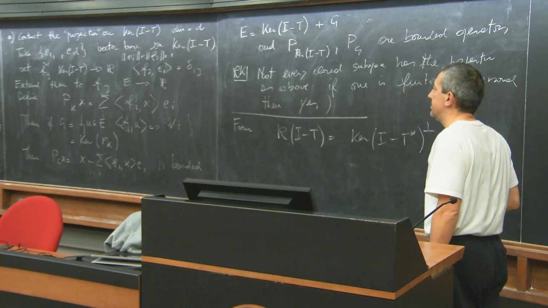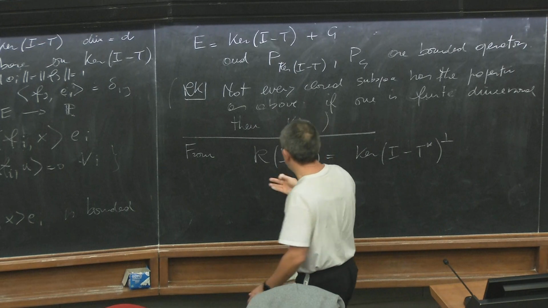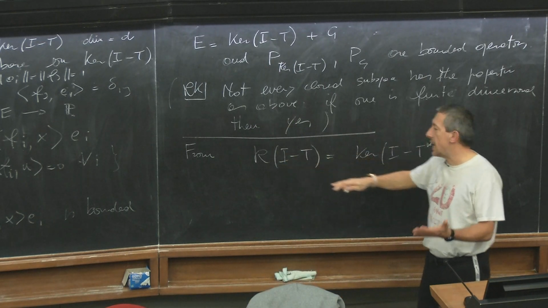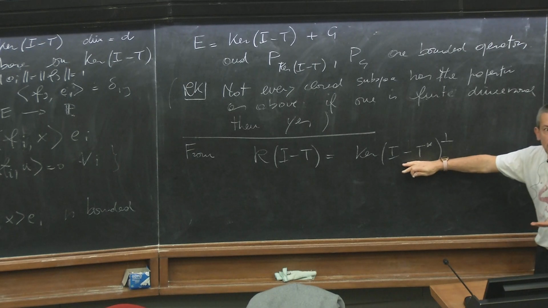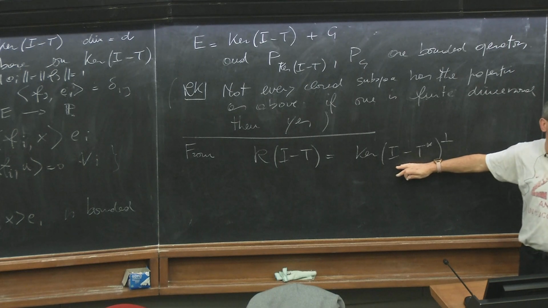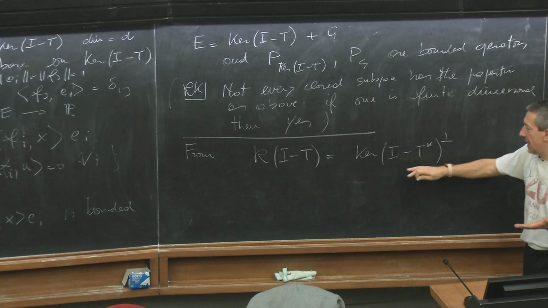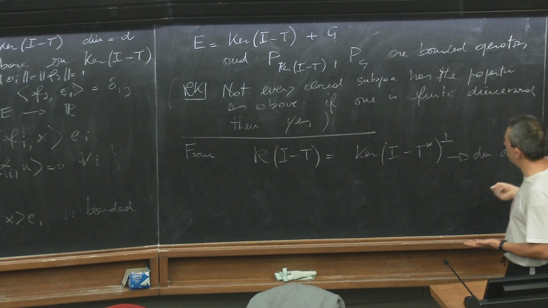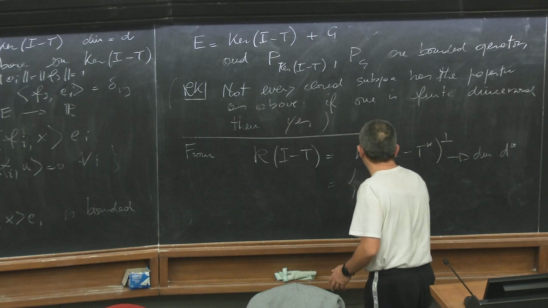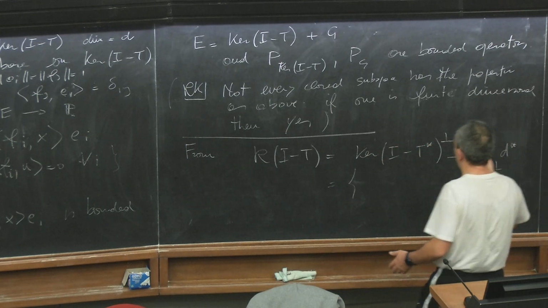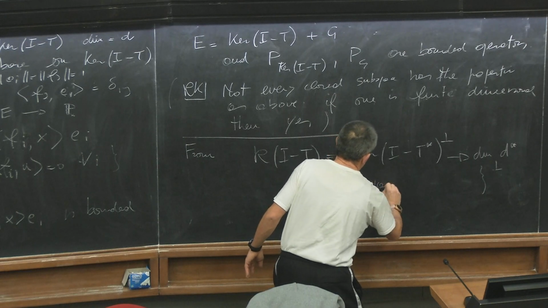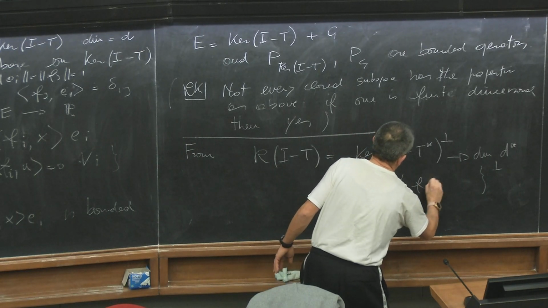What does this relation mean? It means that these points are characterized by being 0 on all the linear functionals in the kernel. And I know that this has dimension d star, so it is the orthogonal of the span of some linear functionals f_i.